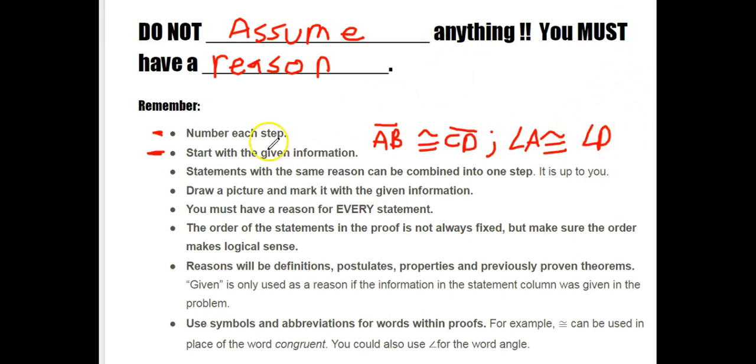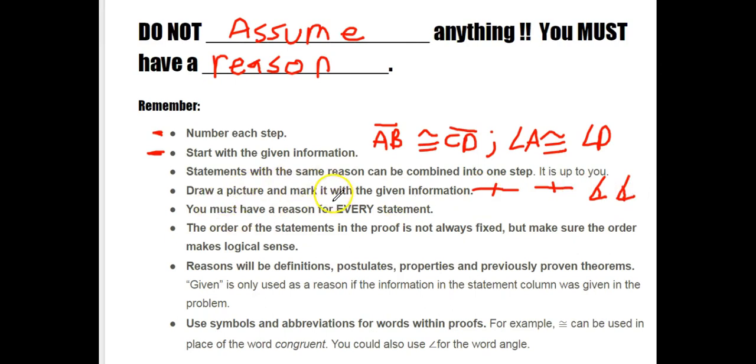You also want to draw a picture and mark it with the given information. Most times you'll be given a picture, sometimes you have to sketch it, but make sure you mark it. Remember, you're going to use hash marks for line segments, something like this and this, to show those two line segments are congruent. If you've got angles, you've got markings like this to show those angles are congruent.